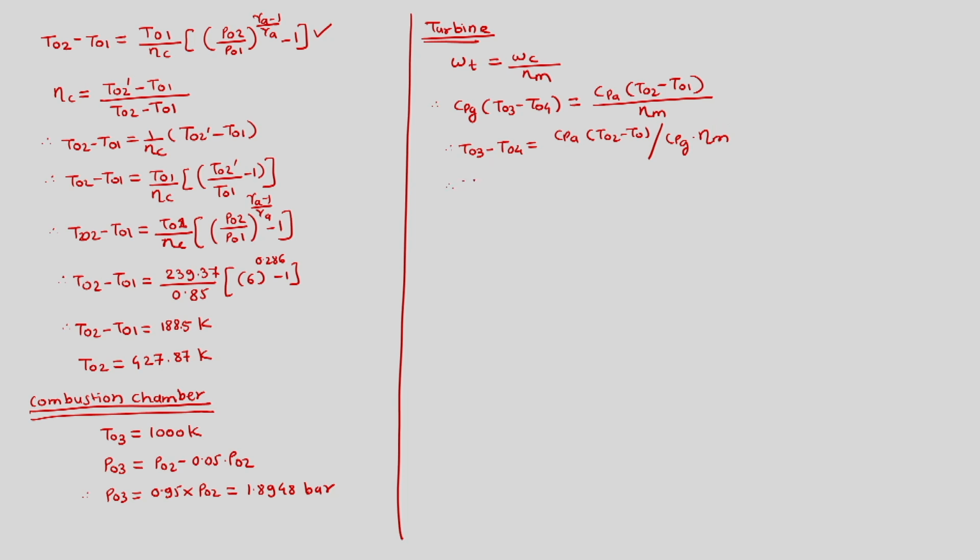So total temperature change in the turbine is equal to 1.005 into (T naught 2 minus T naught 1), we know it is 188.5, divided by Cp of gas 1.147 into mechanical efficiency, which is 0.99.